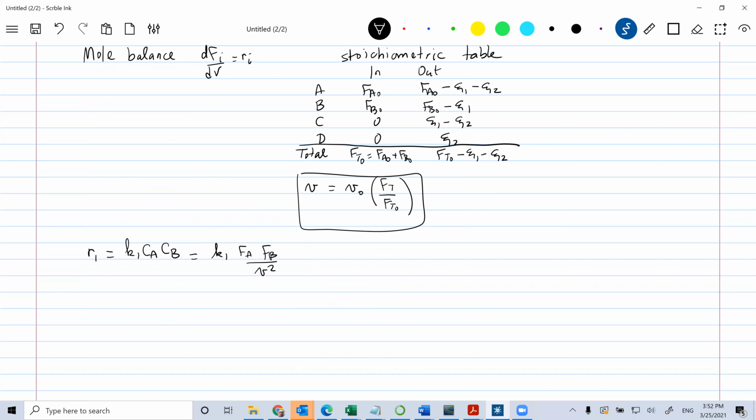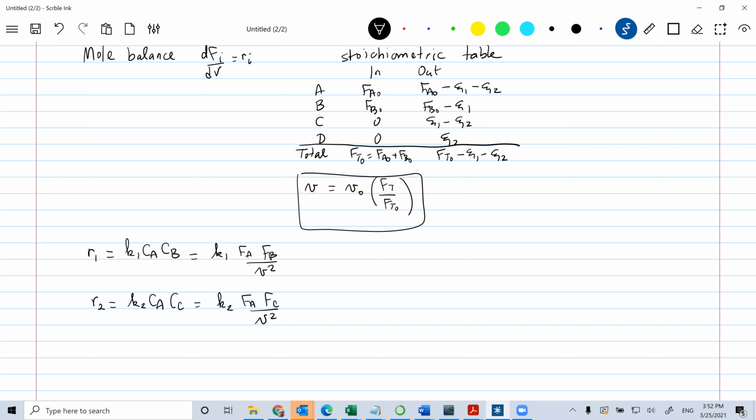So we can put F_A and F_B over V squared, so we have everything we need there. You can write R2 is k2 C_A C_C, so F_A F_C again over V squared, and we can replace F_A and F_C right here.